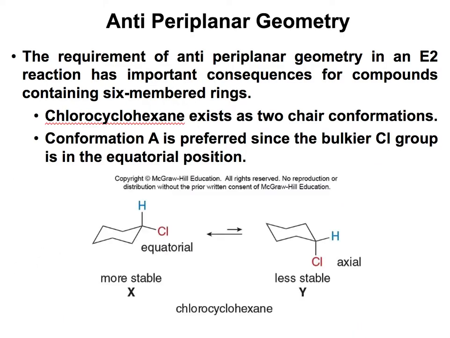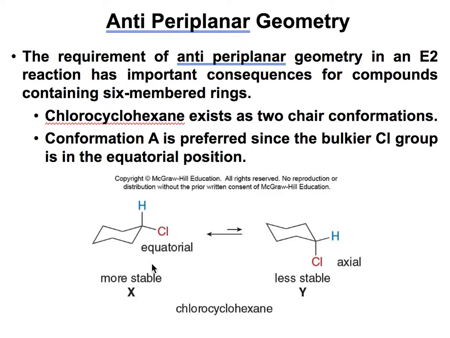This has a particular importance in ring structures, because in ring structures you know that the hydrogens are either up or down. So in this reaction right here, you know that the chlorine is more stable being in the equatorial position.